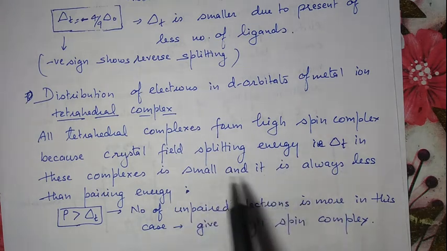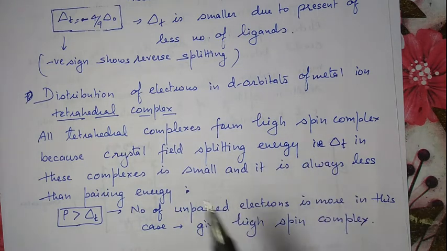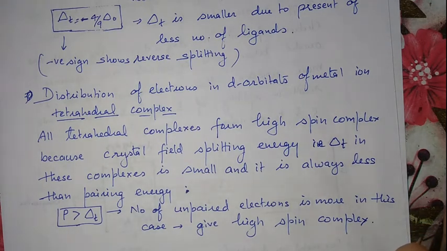We know that del T is always smaller than the pairing energy, right? So the number of unpaired electrons will always be high. It will form a high spin complex, right?